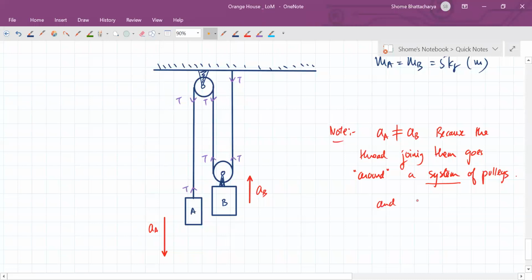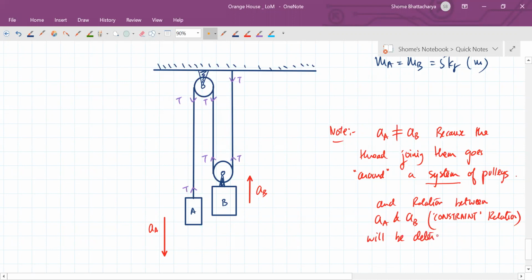And the relation between acceleration of A and acceleration of B, that relation will be called a constraint relation, will be determined by thread length conservation.